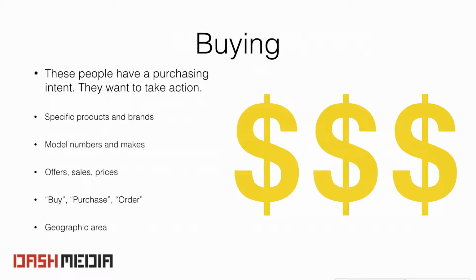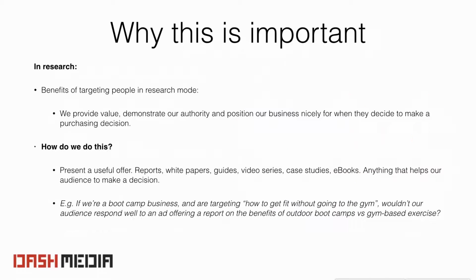Let's take a look at why this is important to us when it comes to establishing our advertising strategy and looking at the keywords that we are going to target in our campaigns. So like I said, why is this important? Well, let's take the example of somebody who's in research mode. Why would we choose to target somebody who's in research mode rather than skipping right to the end and only putting our advertising in front of them when they're ready to buy?